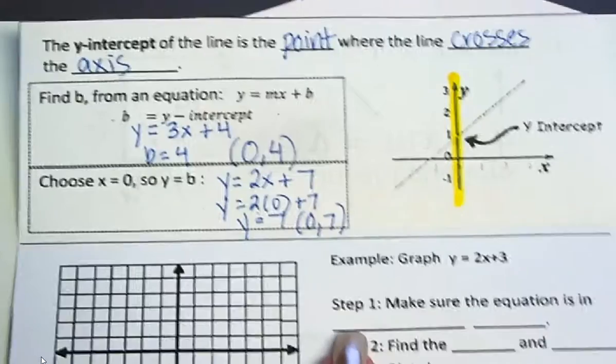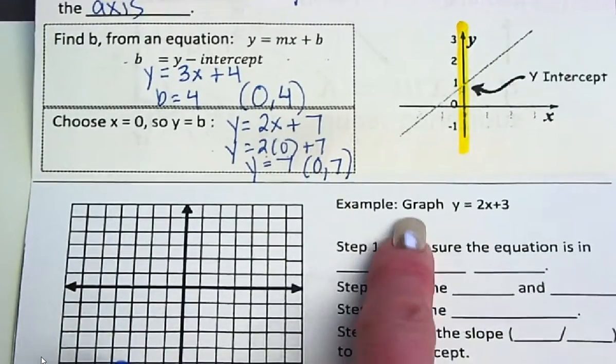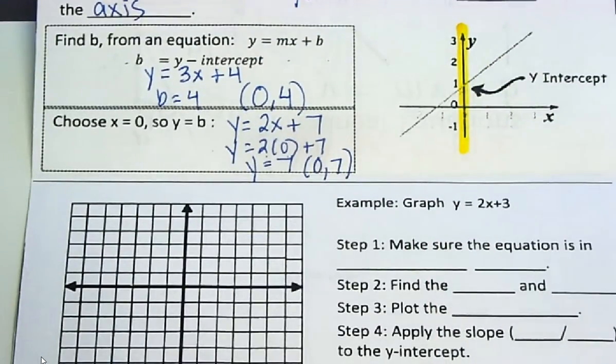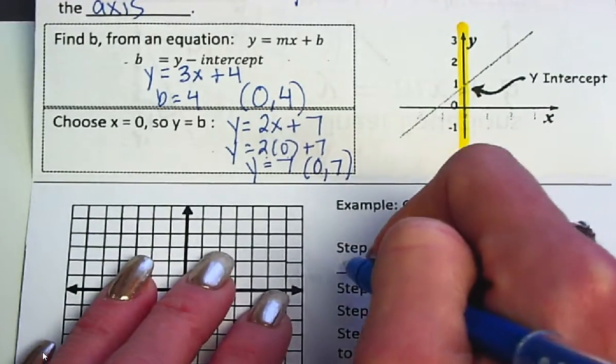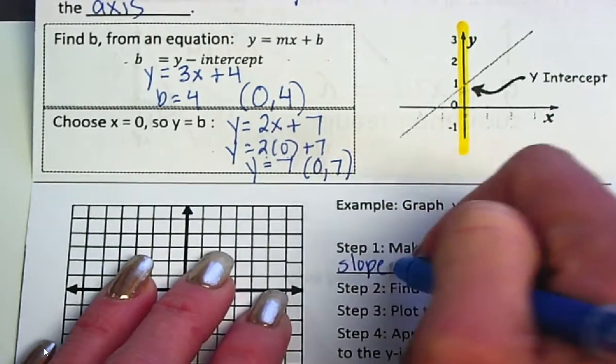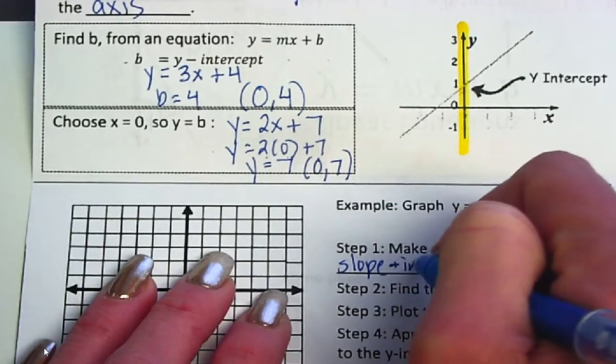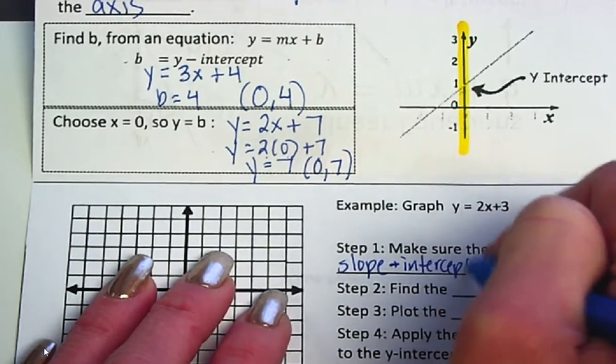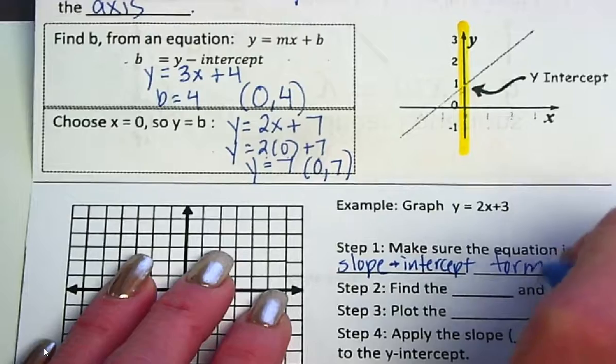All right, so for this one, the first thing that you need to do when you're trying to identify the y-intercept is make sure the equation is in slope-intercept form. That's the y equals mx plus b.